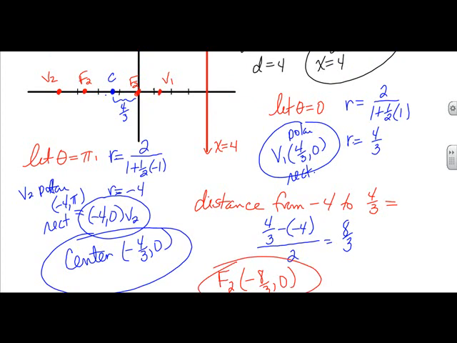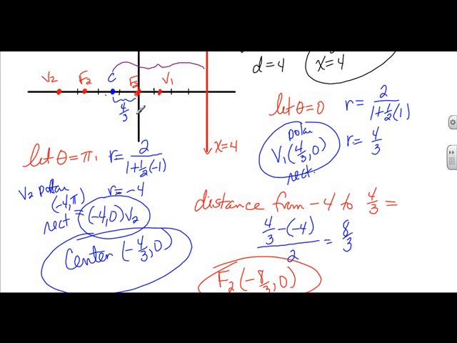The distance from the center to the directrix has to be the same as the distance from the center back to the other directrix. So if we think about -4/3 to 4, okay, that's 16/3.